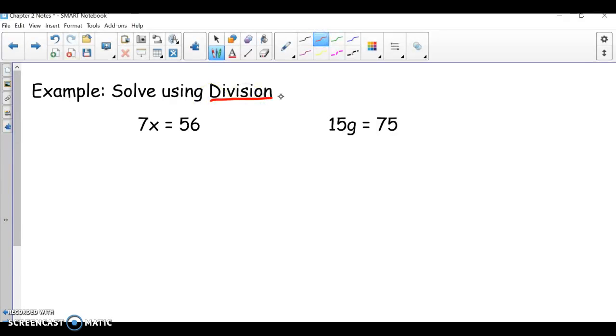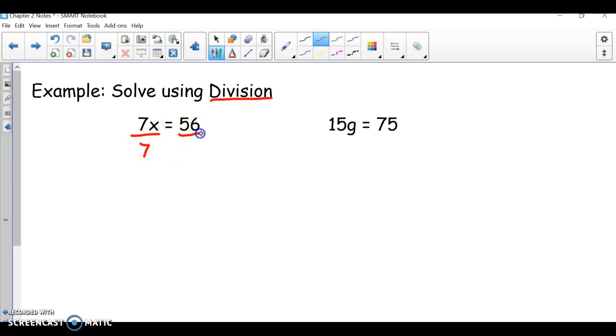So examples, just solving equations with one step, we're going to use division because this problem is a multiplication problem. 7 times x equals 56. Mental math, a lot of you already know the answer. 7 times what value gets us equal to 56? I'm going to show that 7 times x can be taken apart or broken down to just x by dividing by 7.